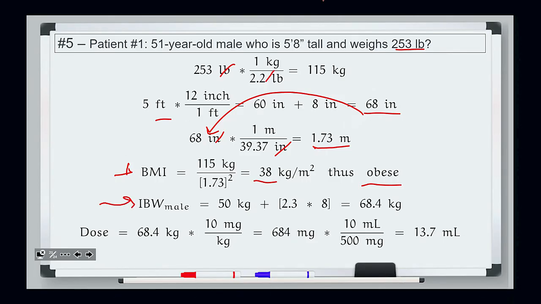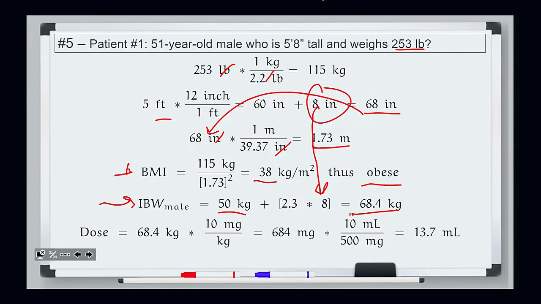I'll warn you, I will always give you both gender formulas. Which one do you have to select? The correct gender. Just make sure you do that. This is a male, so it's 50 kilograms plus 2.3 times the height in inches over 5 feet. He's 5 feet 8 inches, so 8 times 2.3 plus 50 gives me 68.4 kilograms.